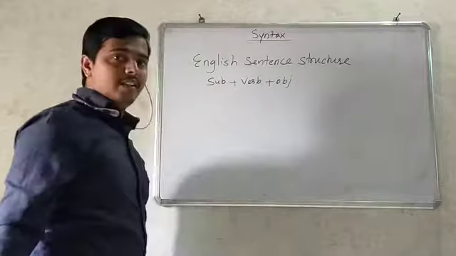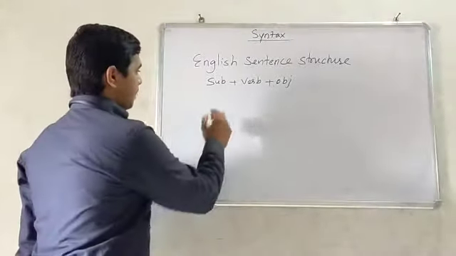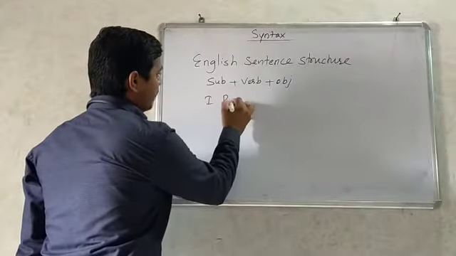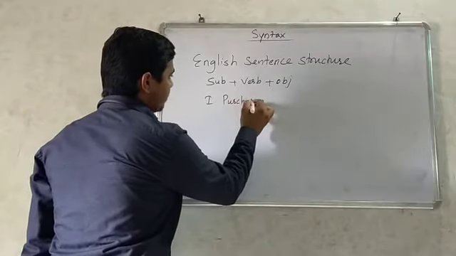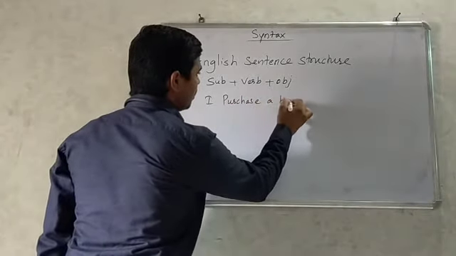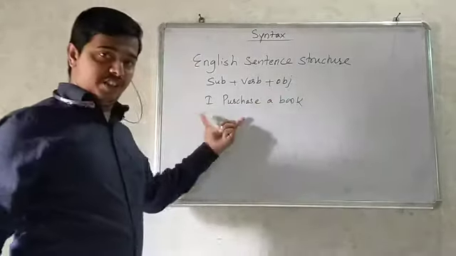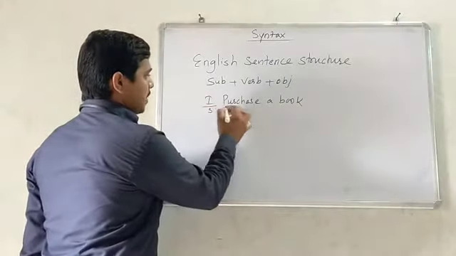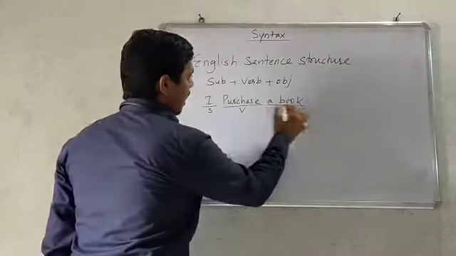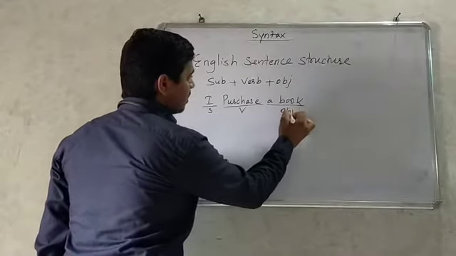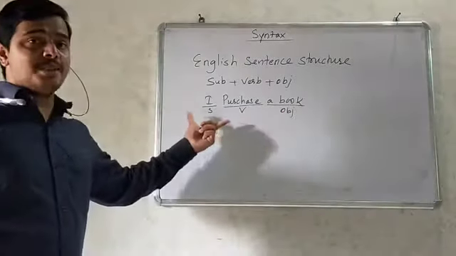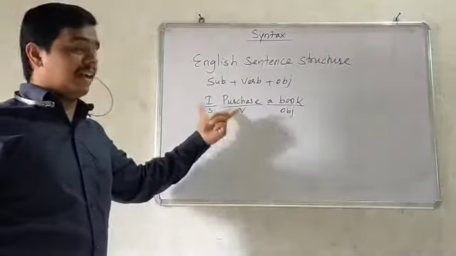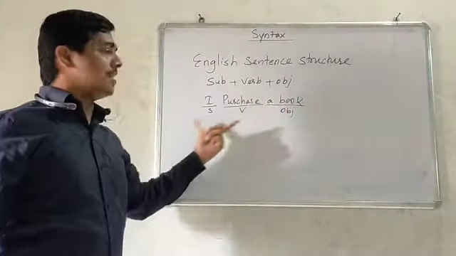For example, I purchase a book. Here, I is the subject, purchase is the verb and a book is the object. This is the sentence pattern in the English language.